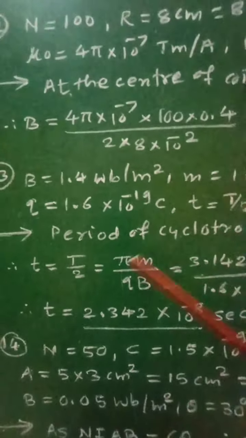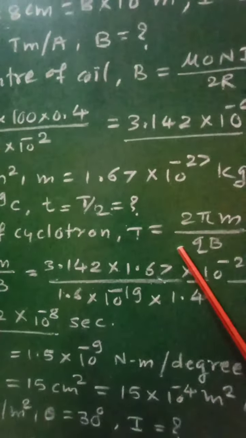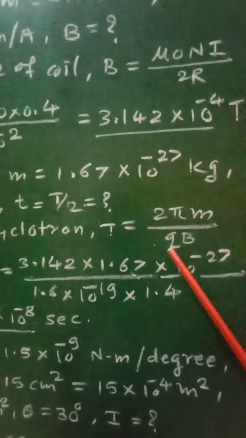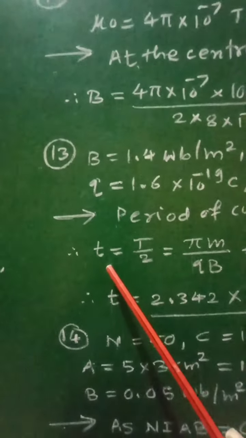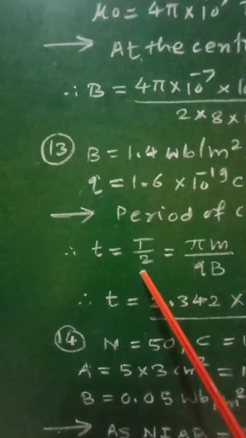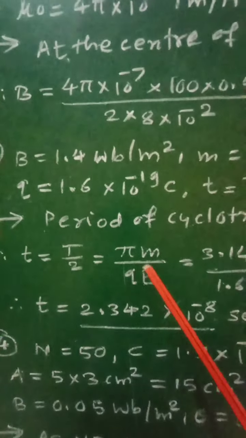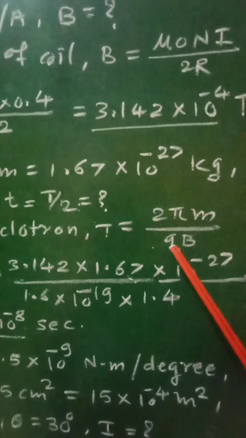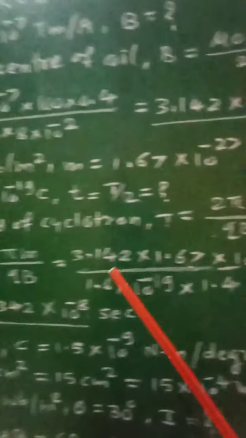Now the period of cyclotron is given by the formula T is equal to 2 pi m upon QB, and therefore half of the period, that is time interval t equal to T by 2, will be equal to pi m upon QB, as 2 will get cancelled.